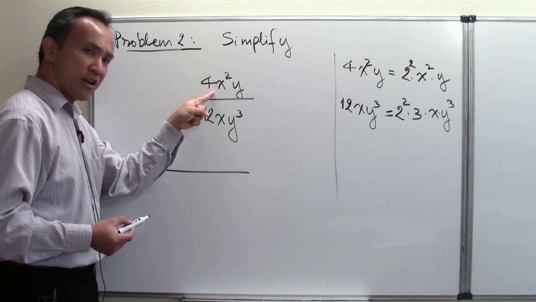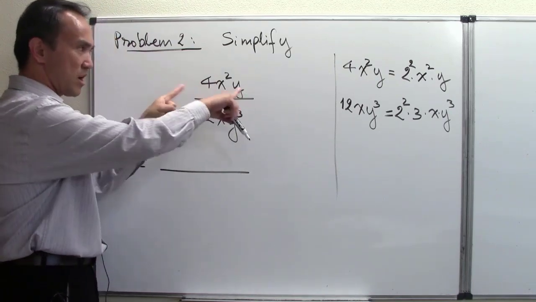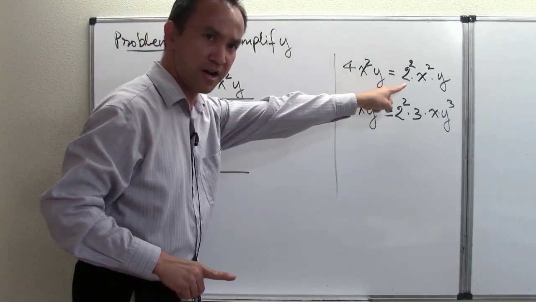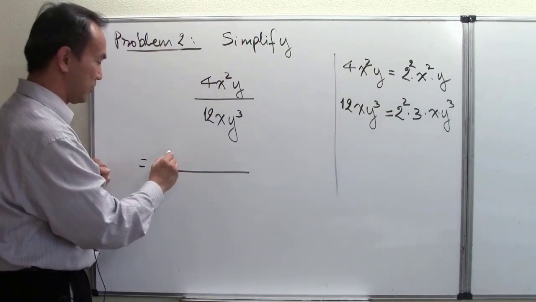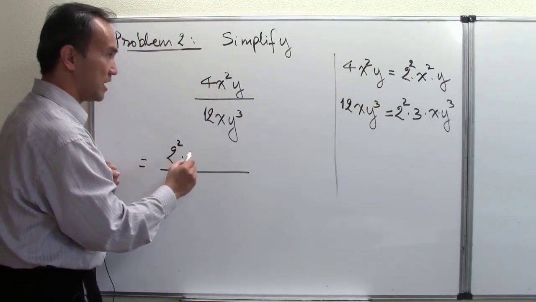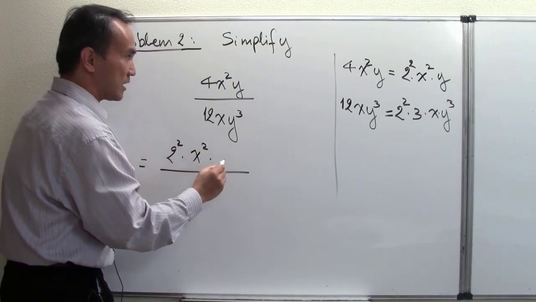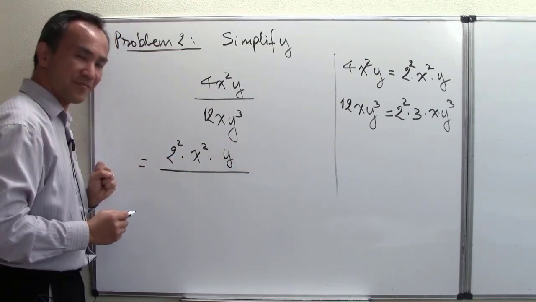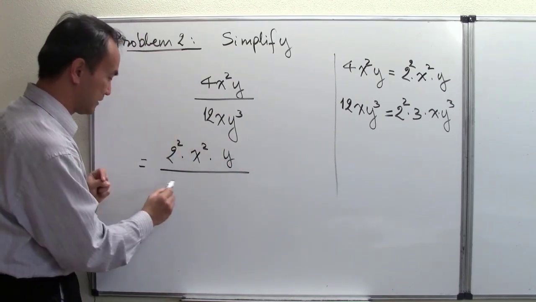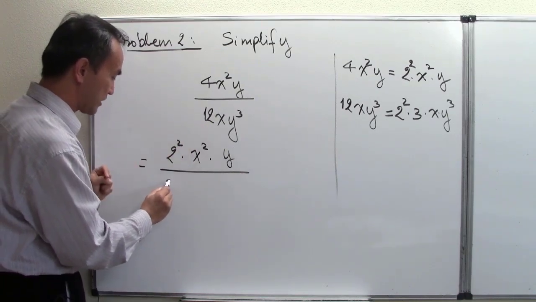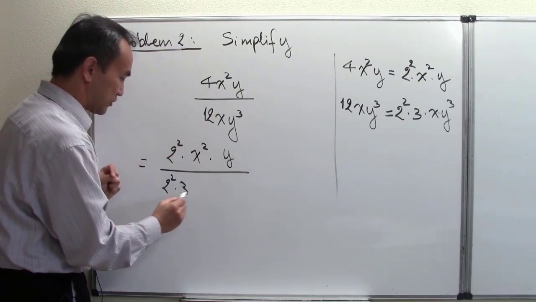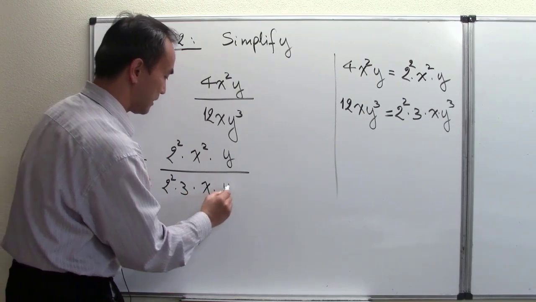So now this numerator of mine, instead of writing that the way it is, I'm going to write that as the product of the prime factors. So here we're looking at 2 squared times x squared times y. And so now the denominator, 12, the coefficient, is written as 2 squared times 3 times x times y cubed.